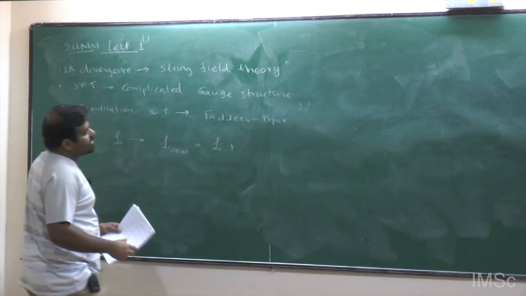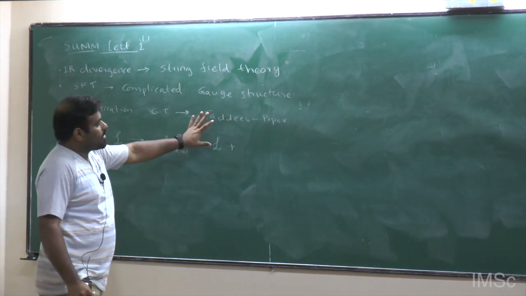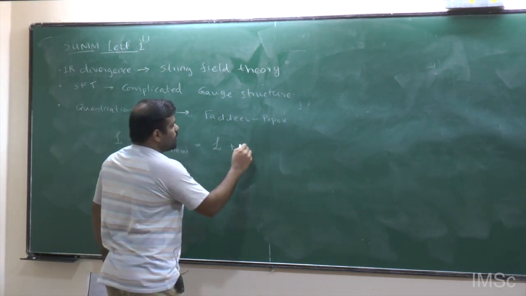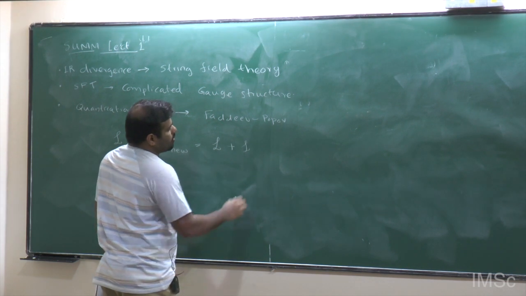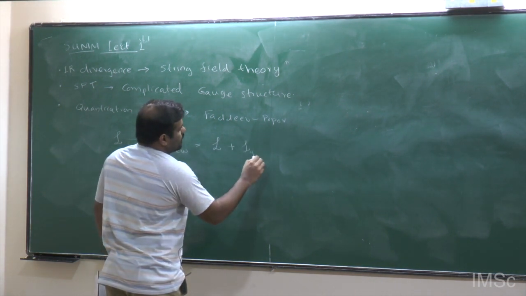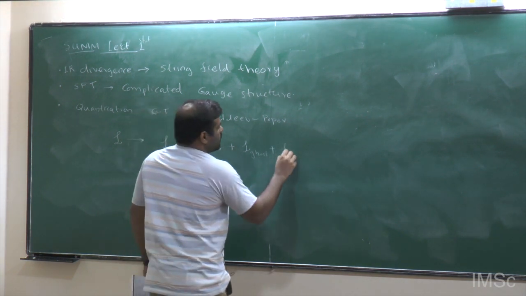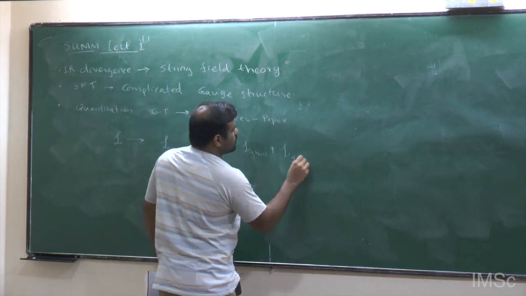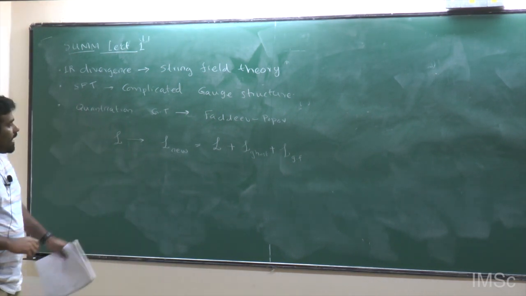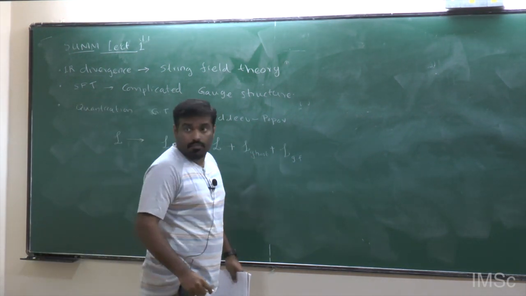The classical Lagrangian is constructed using the gauge field and matter field, and then we have a term corresponding to the gauge fields, and terms corresponding to the gauge fixing. And we added an auxiliary field H as well.